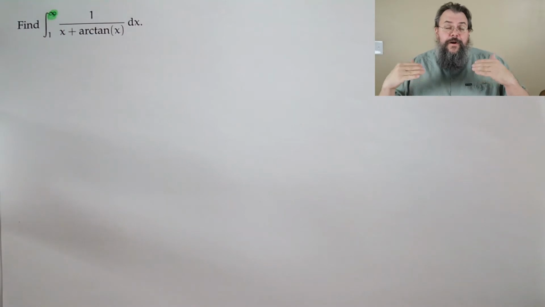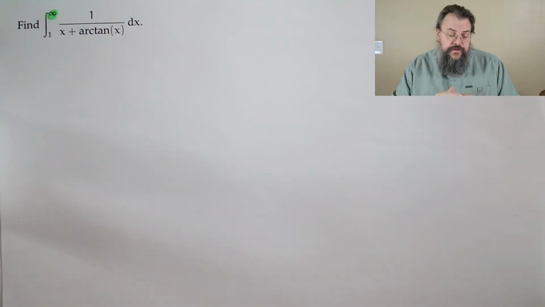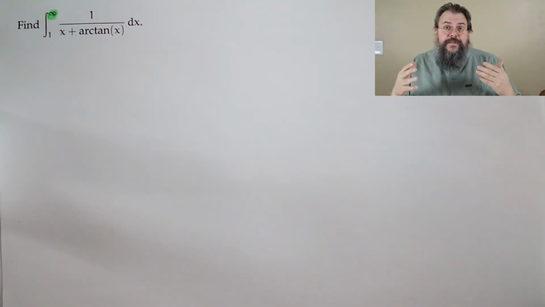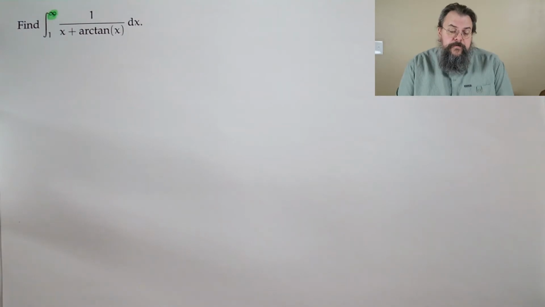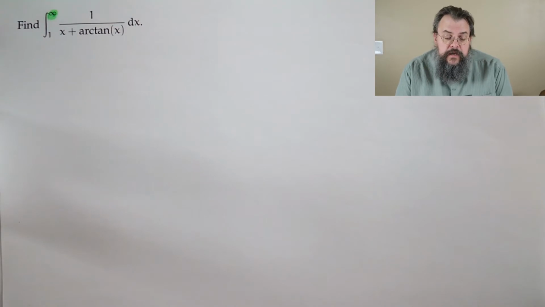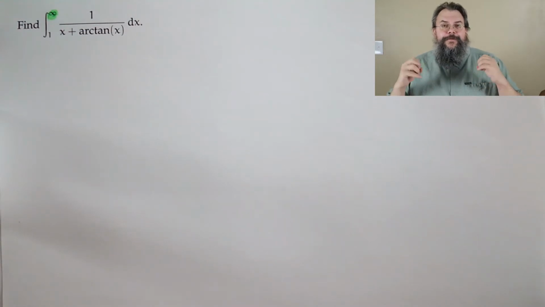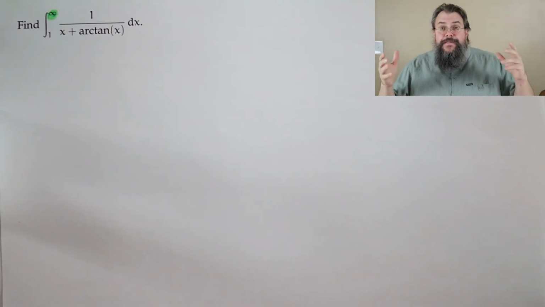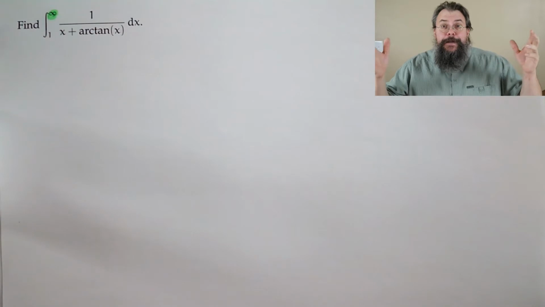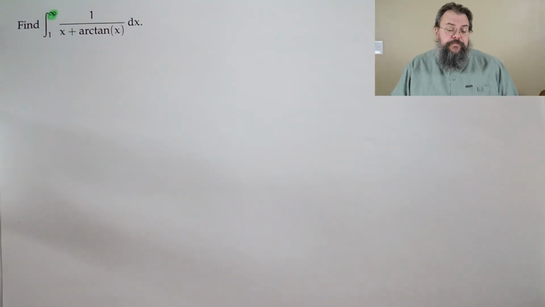So the denominator is always positive. There's no asymptotes. So the only real problem is the infinity. So one thing we can try is to say, well, maybe this is a really bad integral. In what sense? Maybe it's really infinite. I mean, that's a possibility.